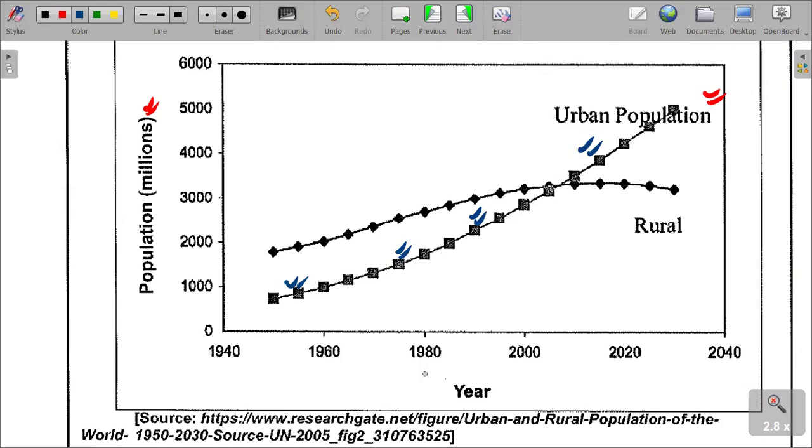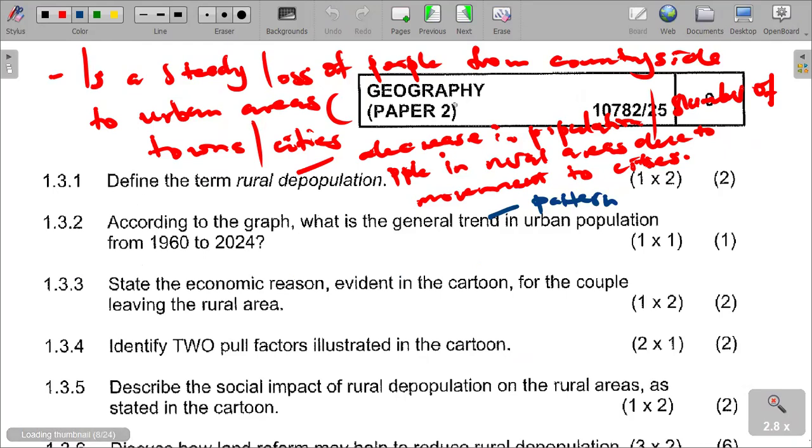According to the graph from 1960, the trend shows an ever increasing, skyrocketing number of people moving to urban areas, from 1960 to 2020 to 2024. We are having an ever increasing number of people coming to cities.